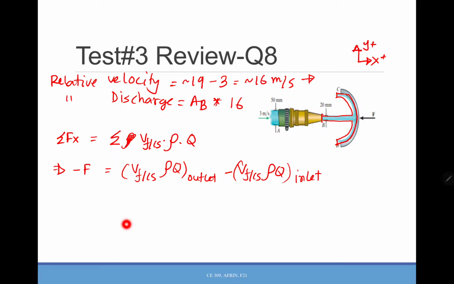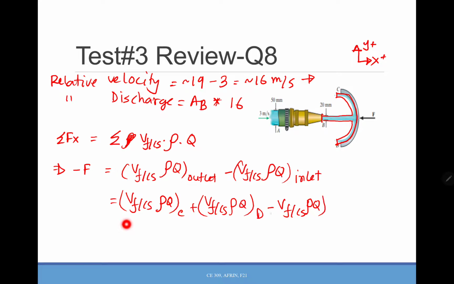Now you have two outlets, C and D, so V FCS C and D, and P. Now our next task is we need to find what is rho, what is Q, and what is V FCS, right? Now V FCS here, the relative velocity 16, that is actually the V FCS. So you can use that one.